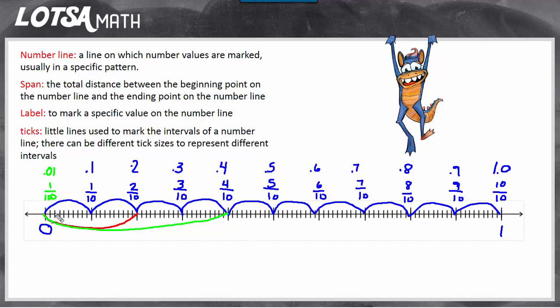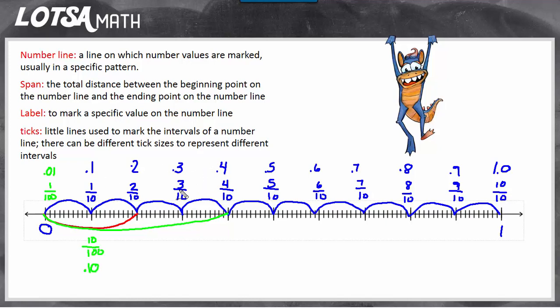The second tick would be 2/100, 3/100, 4/100, 5/100, 6/100, 7/100, 8/100, 9/100, 10/100. 10/100 looks like that or like that. Notice that when you get to 10/100, it really is the same thing as 1/10. The values are the same because remember the zeros at the end don't change the value.